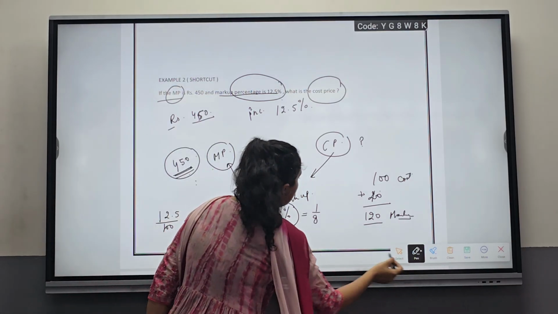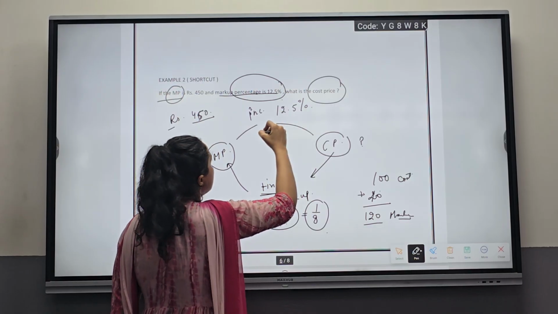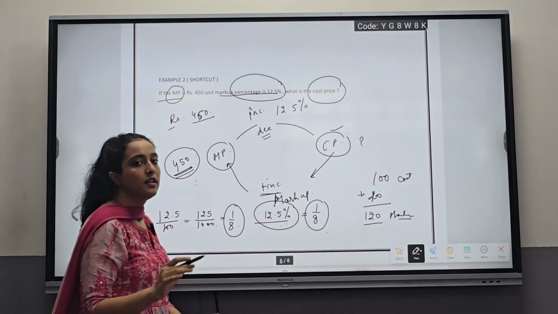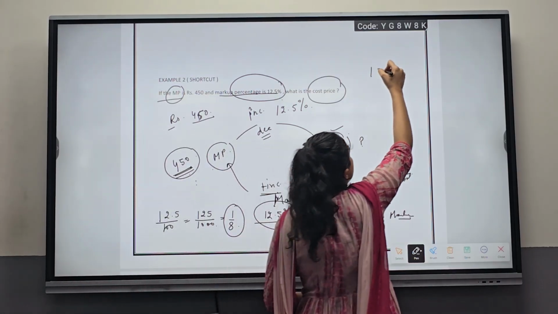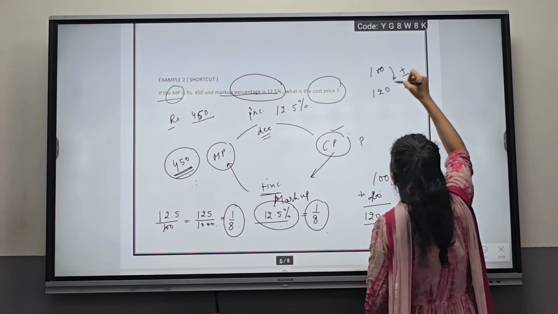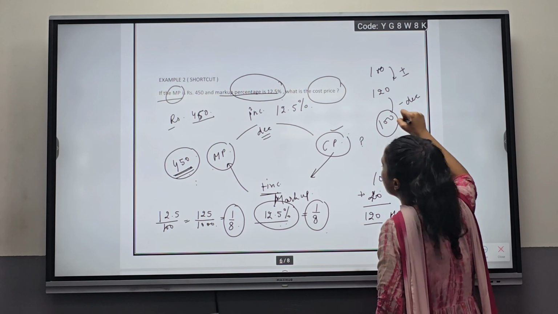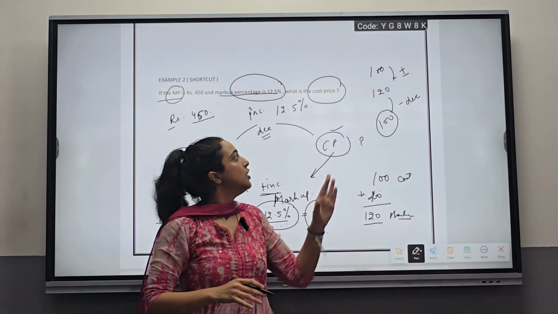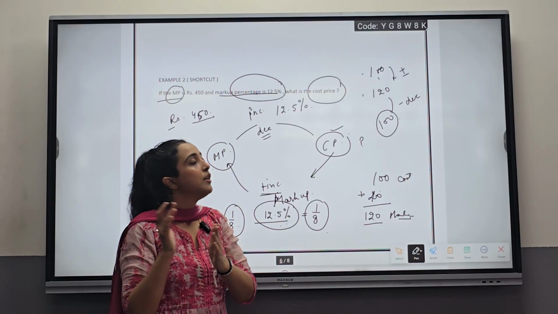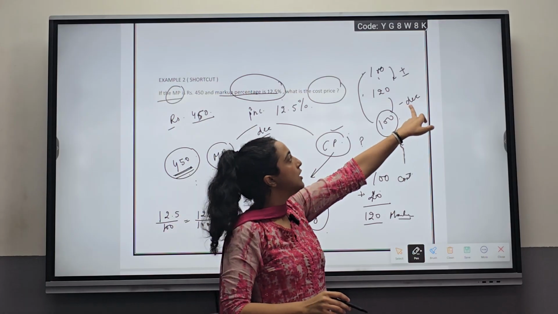Okay, so by what amount should I again decrease it so that I get the cost price? Let's say you went from 100 to 120, so you have increased it. Now you have to decrease it, so that you can come back to 100 again. You went from 100 to 120, that means you increased some amount, now you want to come back to 100, so you should decrease some amount.